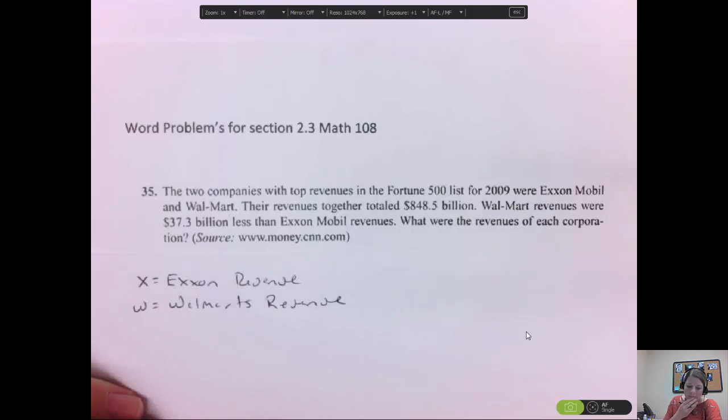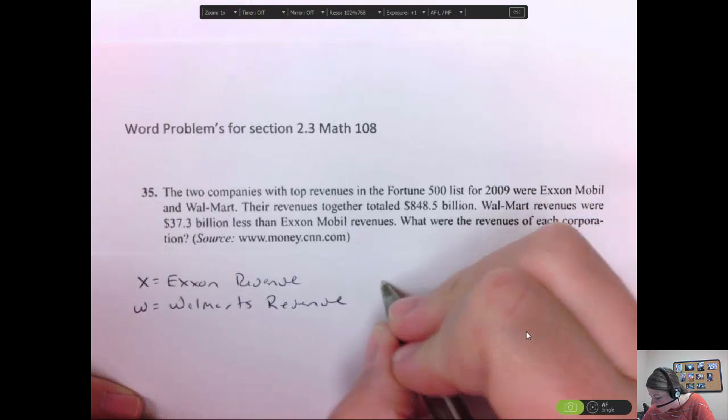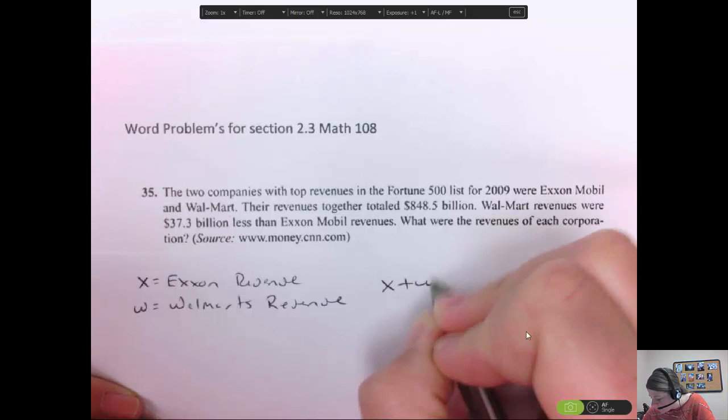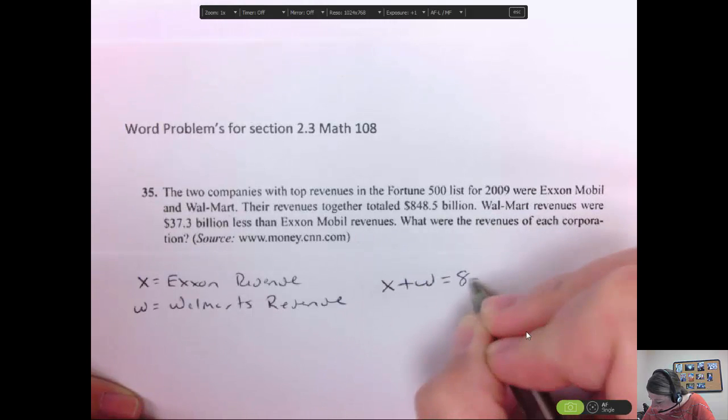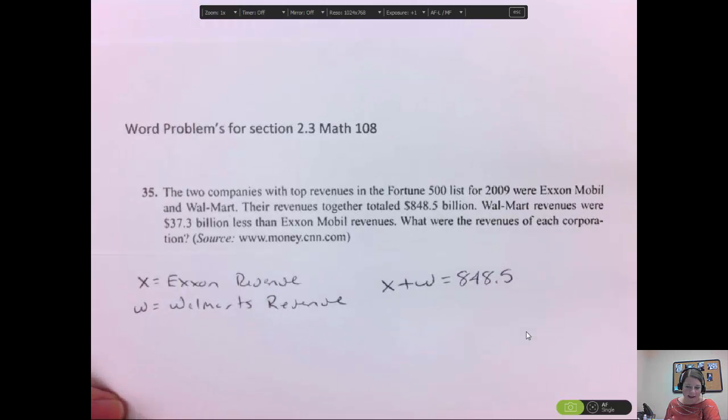So I would start with, well, I know that the two revenues have to add up to 848.5 billion. So using our letters, that'd be X plus W has to equal 848.5. The other thing that we know is that Walmart's revenues were 37.3 billion less than ExxonMobil's revenue.